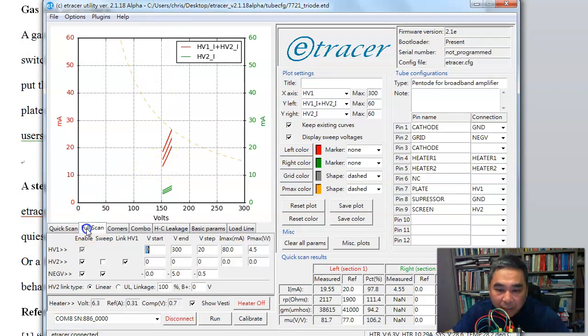But with eTracer you can actually learn more things with a full scan. So maybe let's try this very high gm tube. We put the switch at the 0 ohm position, and we can run a full scan.